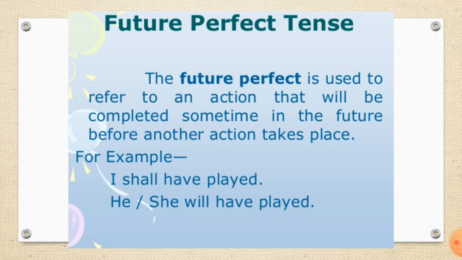Now the next one is future perfect tense. The future perfect tense is used when an action is supposed to be finished at a point of time in the future. Okay, it is used to refer to an action that will be completed sometime in the future before another action takes place.